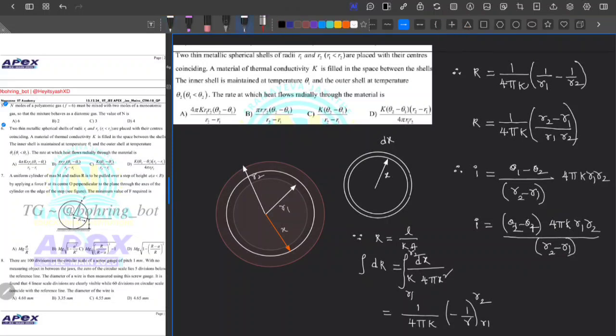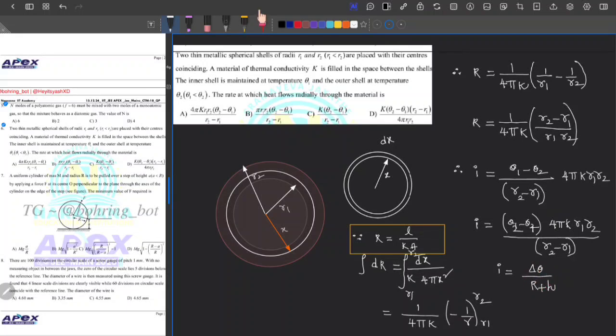Here the main important formula that you have to keep in mind is, first, the basic formula of thermal resistance, that is R equal to L by KA, and you have to remember this formula. And forgot to write, the heat current I is equal to delta theta, where theta is the temperature, divided by the thermal resistance.